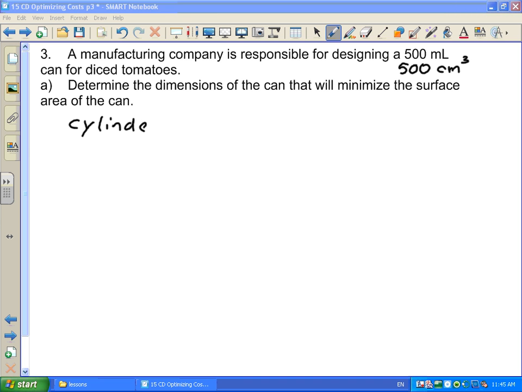And what are we interested in about this cylinder? Well, they mention volume, 500 centimeters cubed, and we want to minimize the surface area. So we're going to need our expressions for volume and surface area of a cylinder.